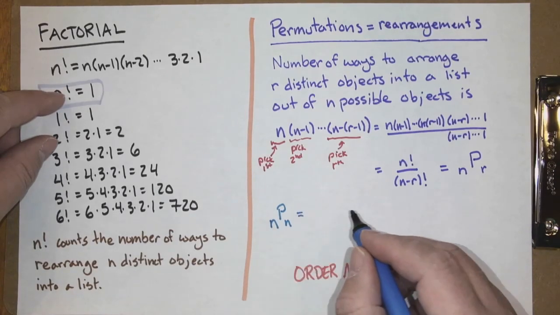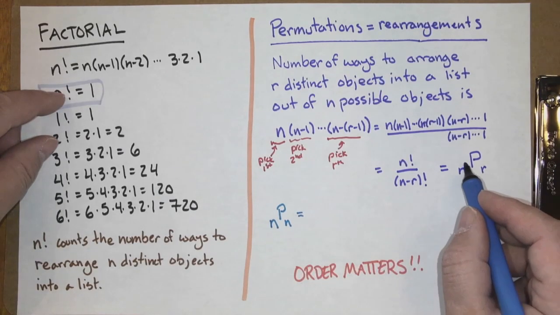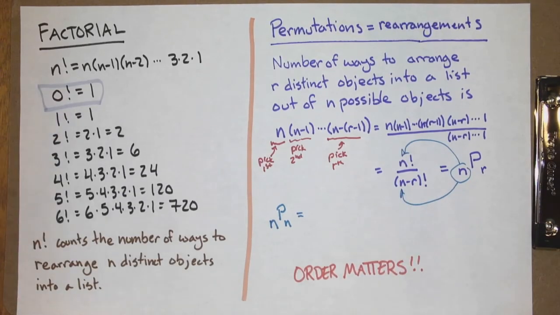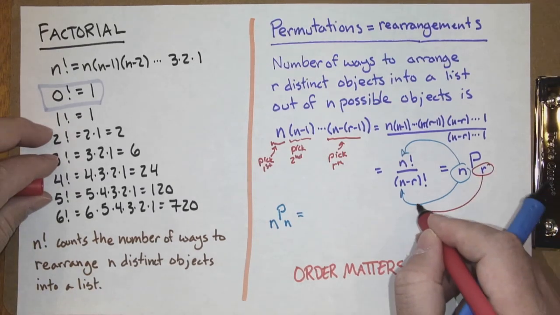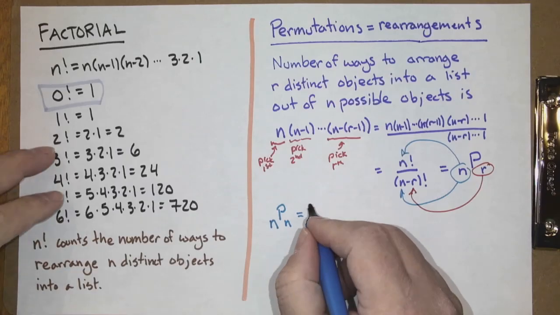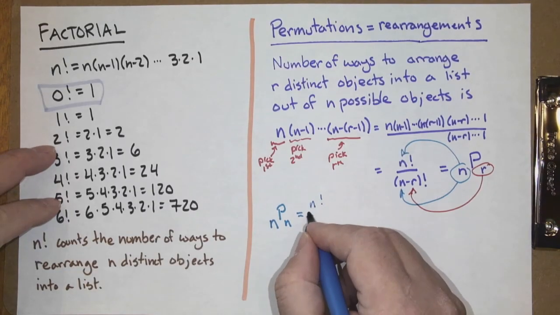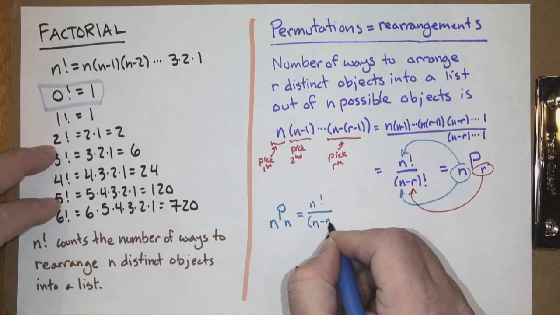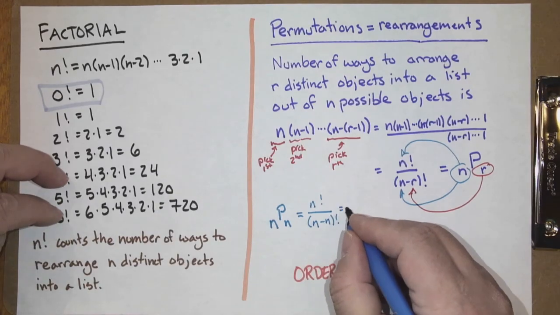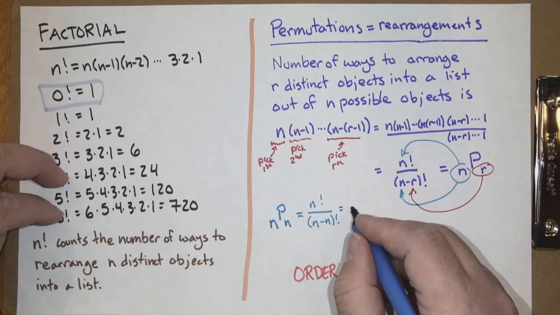According to the formula, you can say, okay, this first term goes there and there, while the second term goes into that slot there. So we say, all right, well, this is n factorial over n minus n factorial. n minus n, also known as 0 factorial. But what is 0 factorial? It's 1.